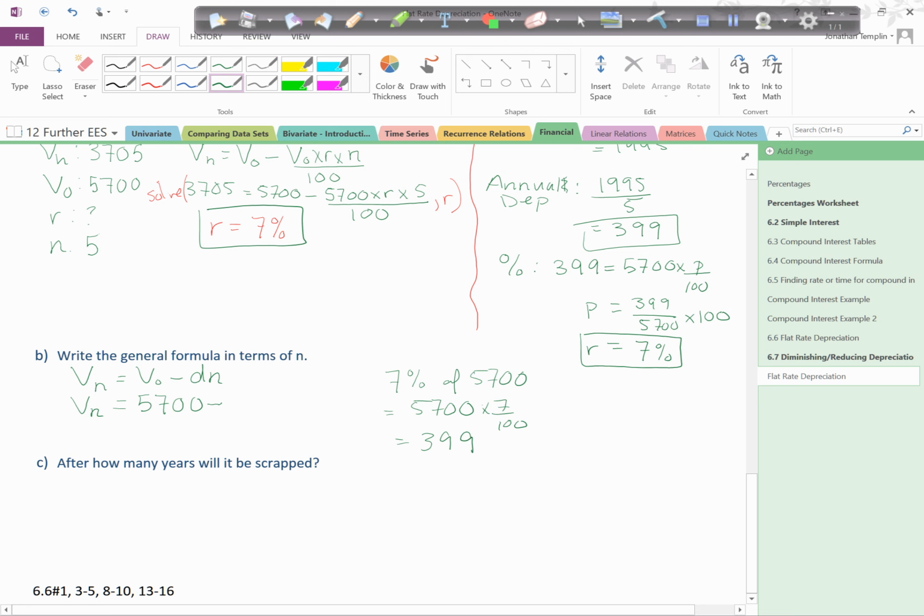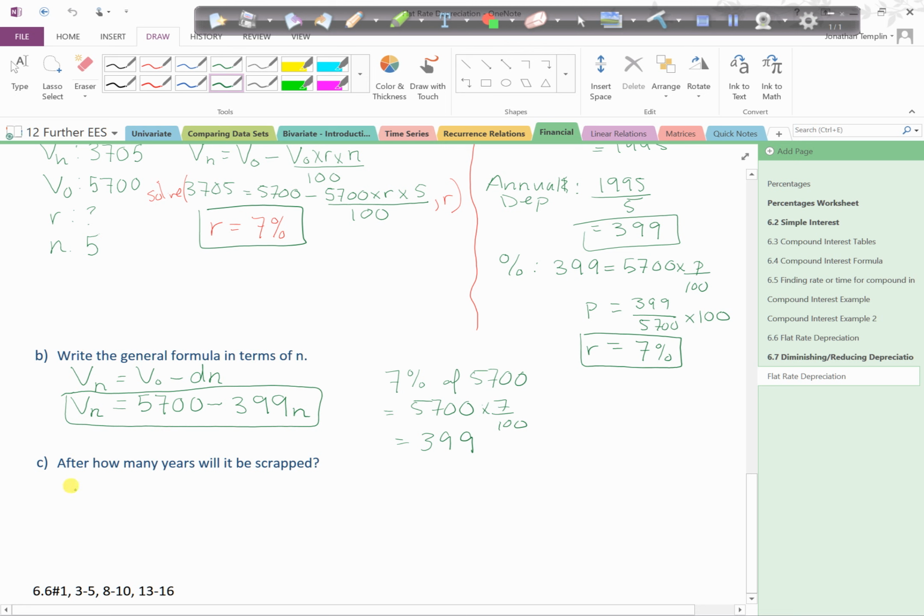So whichever way, there's a lovely little equation. Instead of being recursive and being in terms of the previous value, it's in terms of n. So if I want to find the value after 6 years, I put 6 in for n.